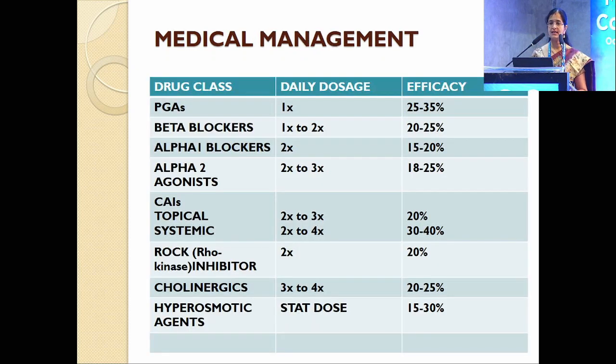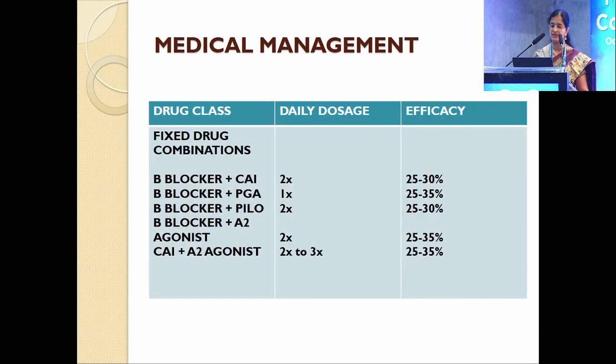So we have all these kinds of medications which are available in the market now: prostaglandin analogs, beta blockers, alpha agonists, carbonic anhydrase inhibitors, cholinergics, hyperosmotic agents, and most importantly, fixed drug combinations. After the advent of fixed drug combinations, it has become very easy for the patient to administer them, and even for the ophthalmologist to prescribe medication.